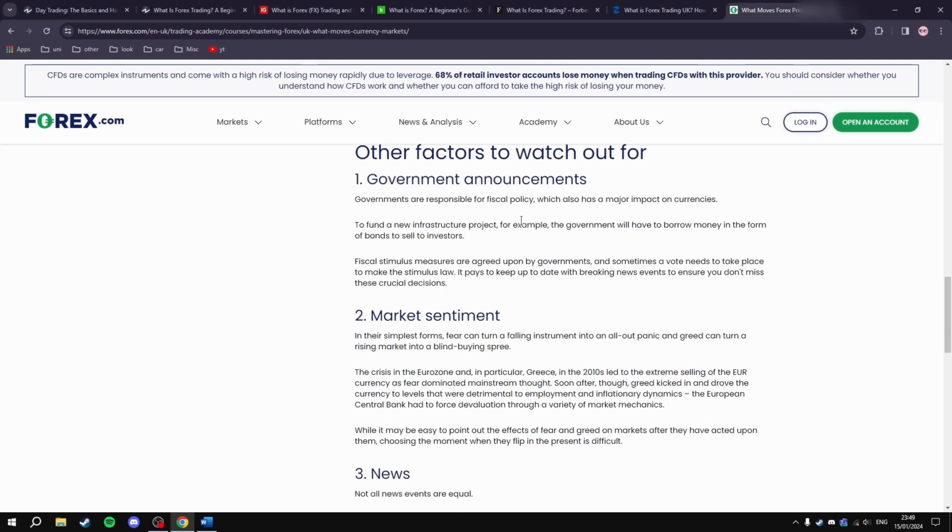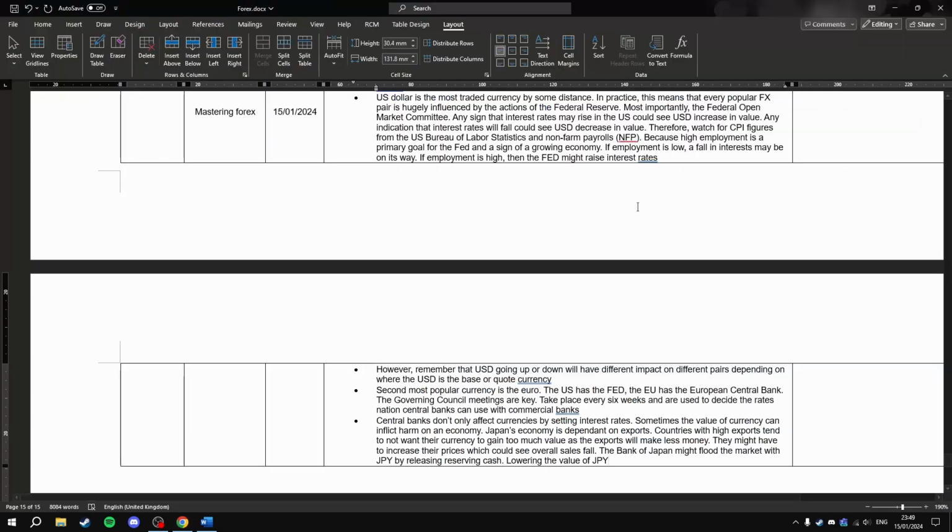Other factors to watch out for. Government announcements. Governments are responsible for fiscal policy, which also has a major impact on currencies.